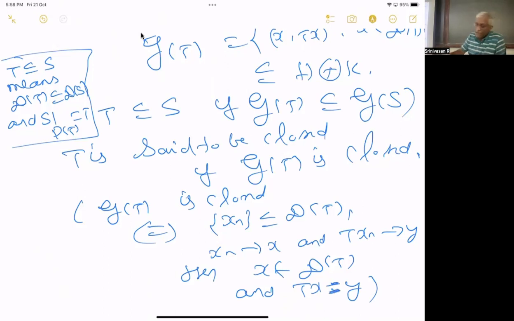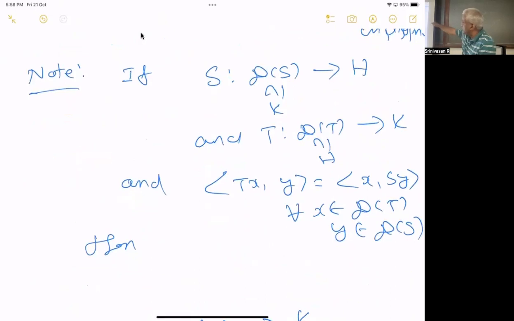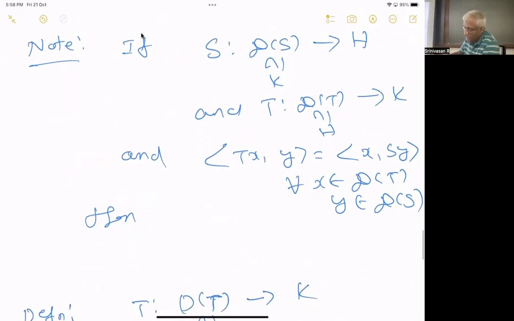So with this, I want to say the following. If you have an operator S from the domain of S contained in K to H, and T is an operator, such that <Tx, y> equals <x, Sy>, I mean, it satisfies that condition, can you say what is the relation between S and T?